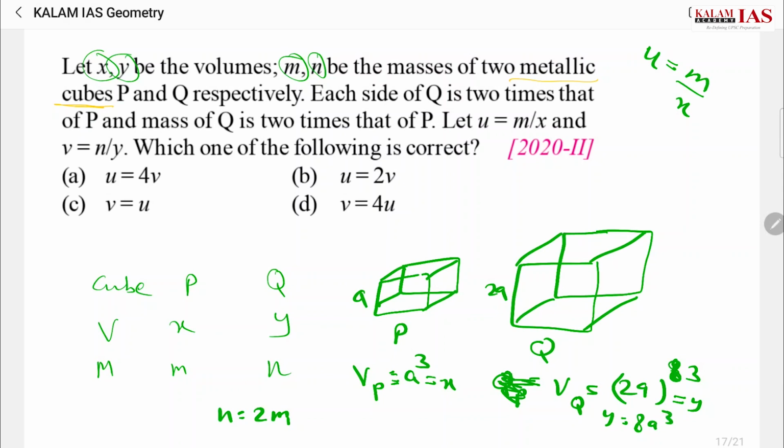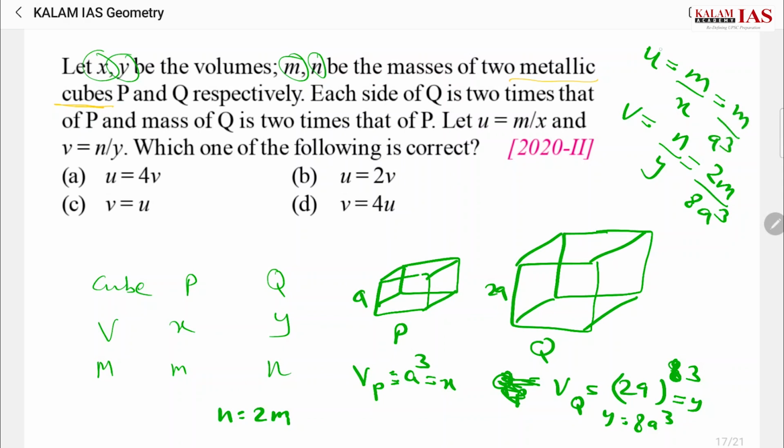Now it is said U equals to M by X, and V equals to N by Y. Substituting the value of N, we have 2M, and Y value we have 8A cube. And substituting, M is M and X is A cube.